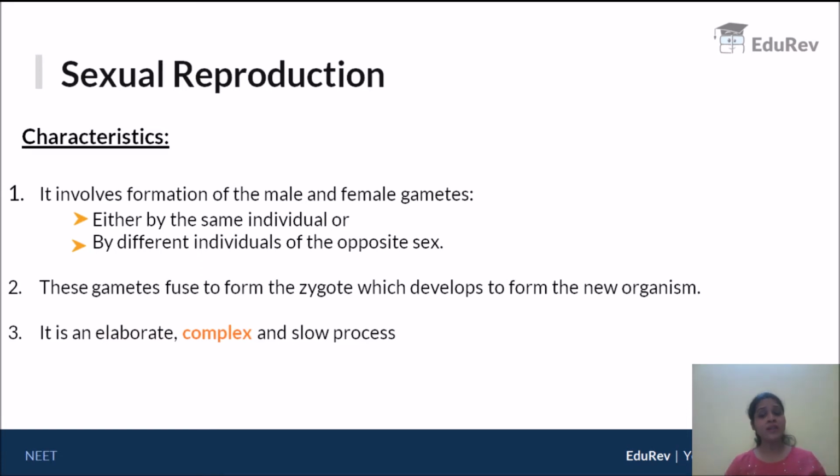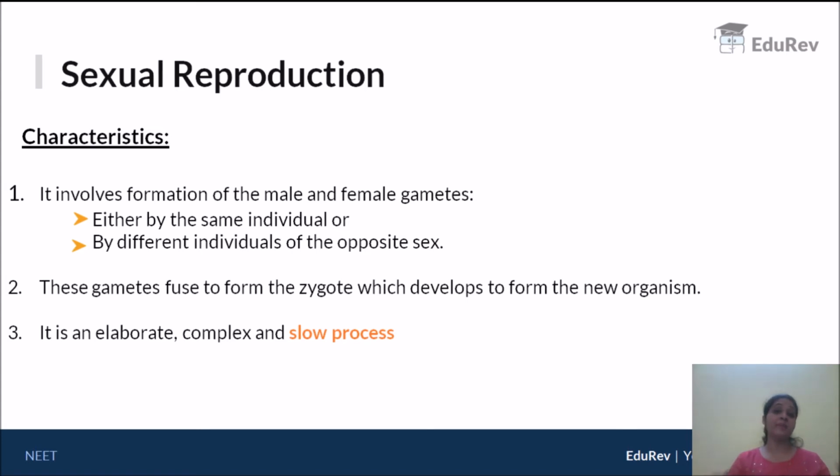Now, why is it complex? It involves meiosis. Meiosis has crossing over, so that is a very complicated process. And finally, it is a very slow process. Now, why do we say sexual reproduction is slow? First of all, a sexually reproducing organism must enter a mature phase in order to carry out reproduction. Secondly, once the gametes are produced, they must be transferred.